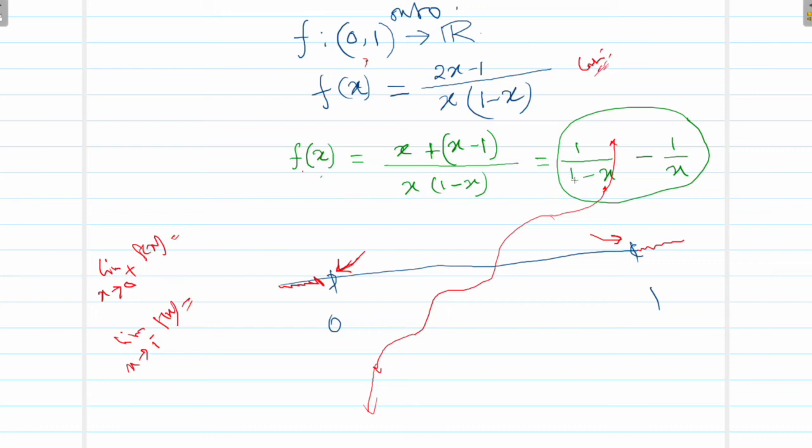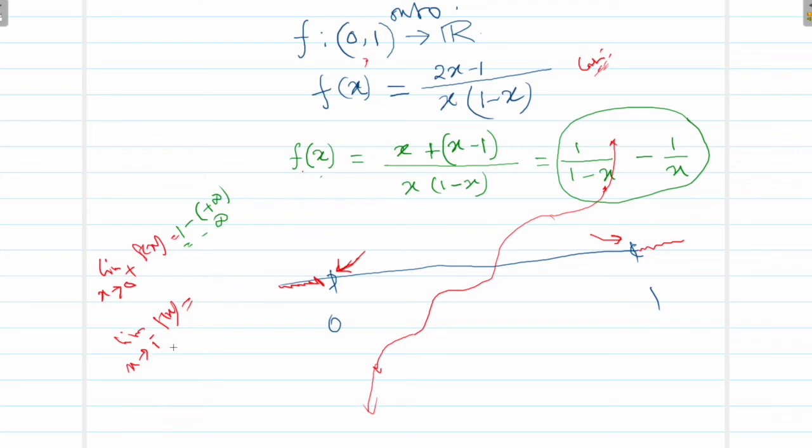For x going to 0 plus, you can just put 0 in this part of the function; there is no problem. So this becomes 1, and then minus this term. If x goes to 0 plus, the values are very close to 0 but still positive, and 1 over positive is positive. So this becomes plus infinity. So 1 minus plus infinity, because of this minus, becomes minus infinity.